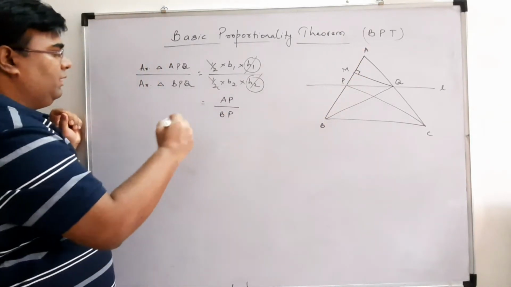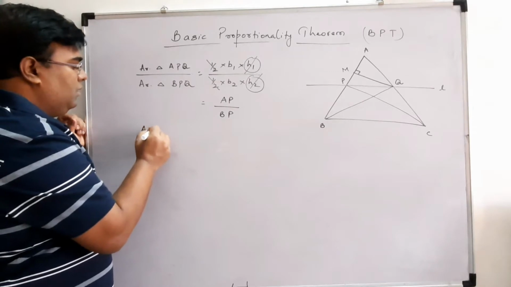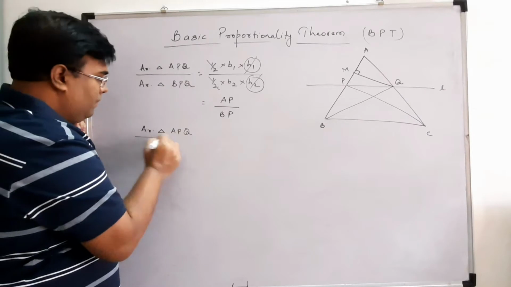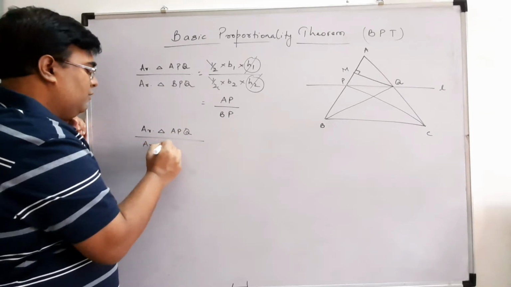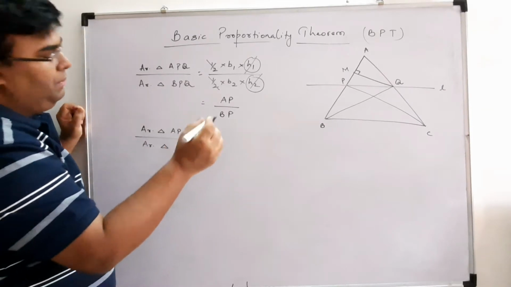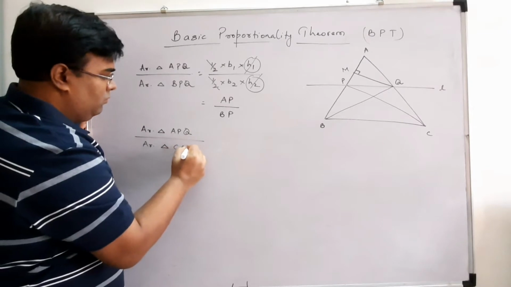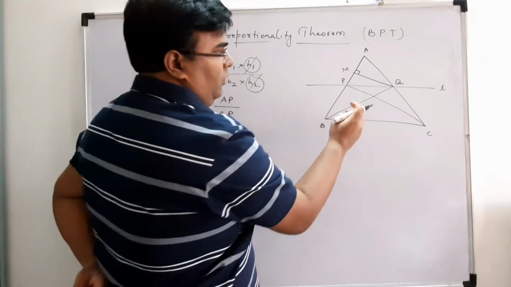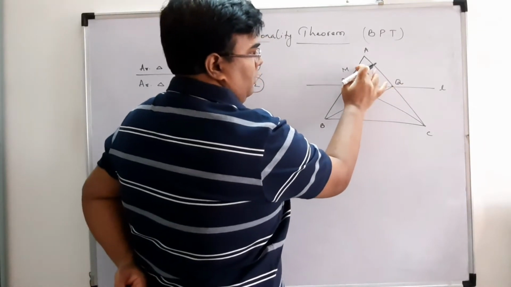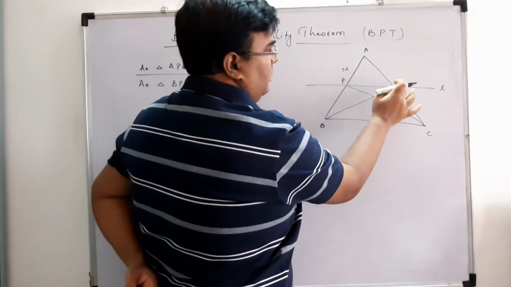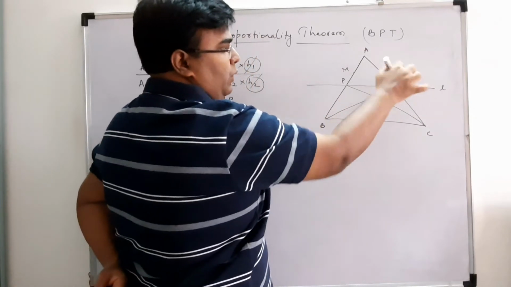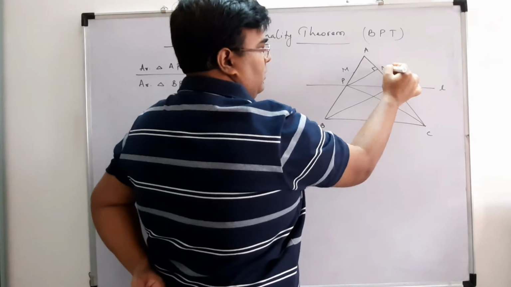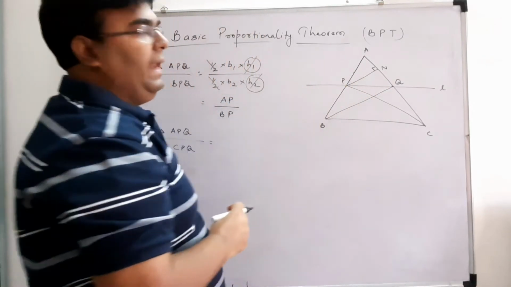Now similarly, we can write area of triangle APQ upon area of triangle CPQ. Here also. Okay, now this time I am taking base AQ, so I am drawing a perpendicular, let us say PN.